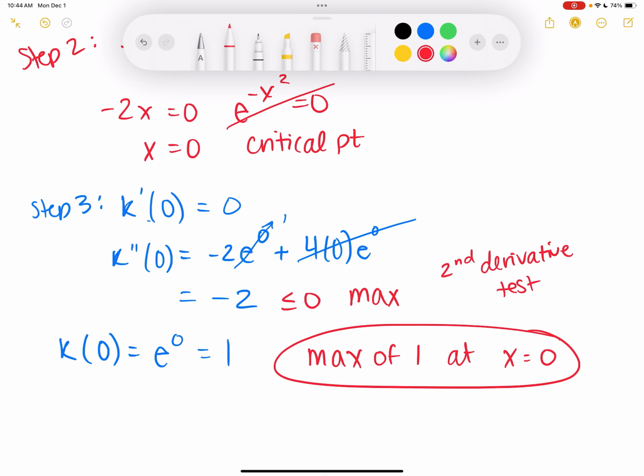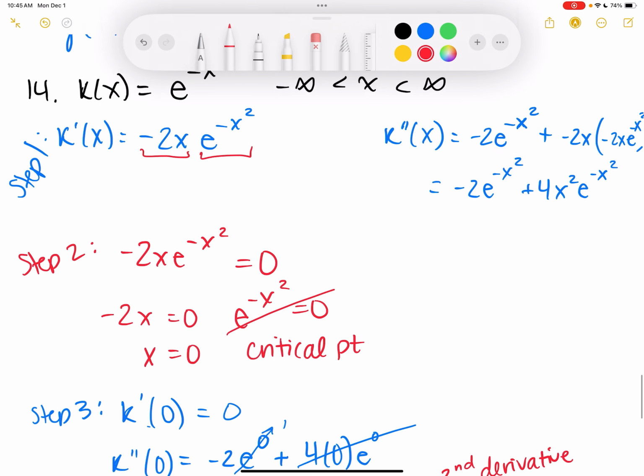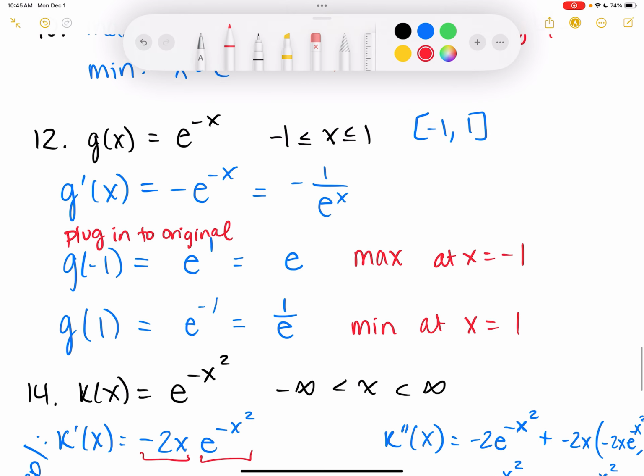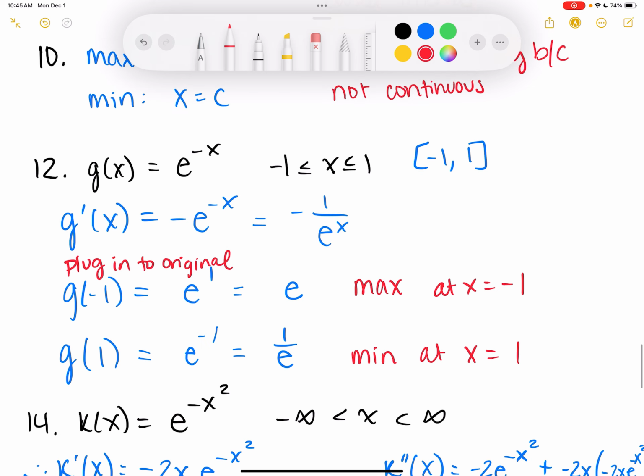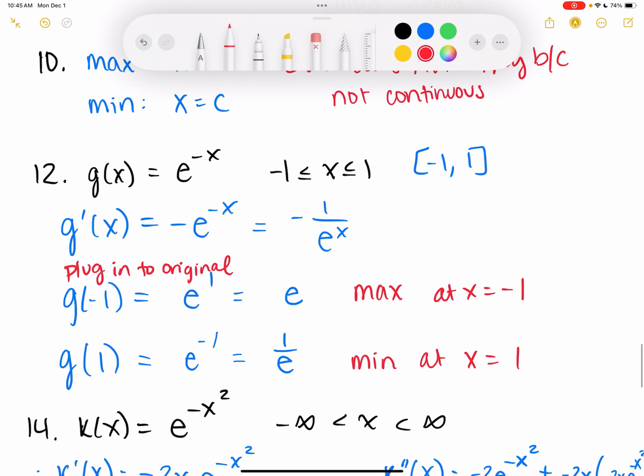Now I think I'm trying to see if the second derivative test would have worked on the previous problem. I'm gonna see really quick. So the second derivative of this would have been just a positive e to the negative x.